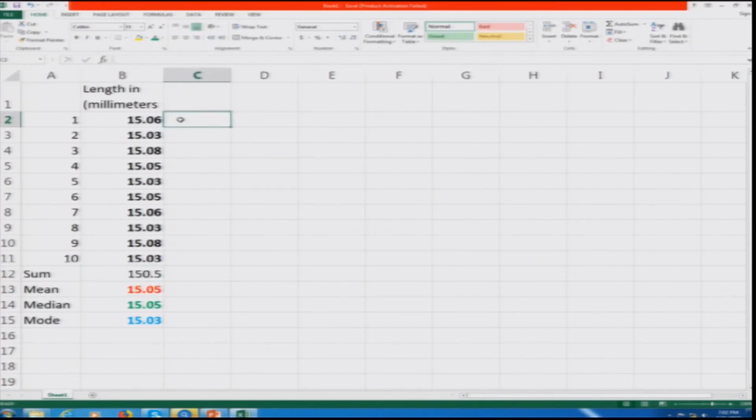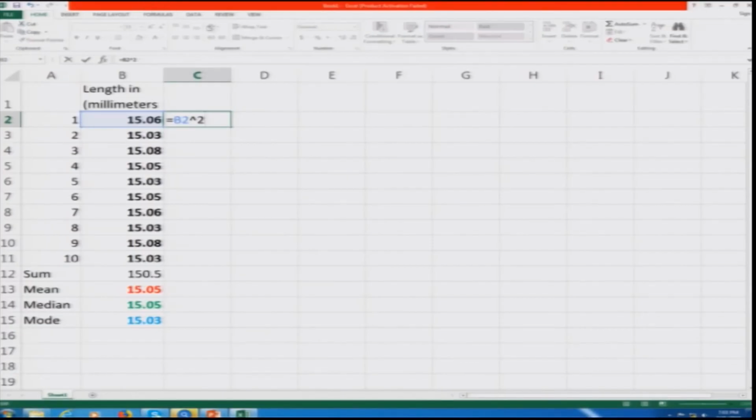Okay. So, now I will square these values. This is equal to B2 hat 2. This symbol hat here means the power of the number. B2 hat 2 means B2 power 2, which is the square of B2.